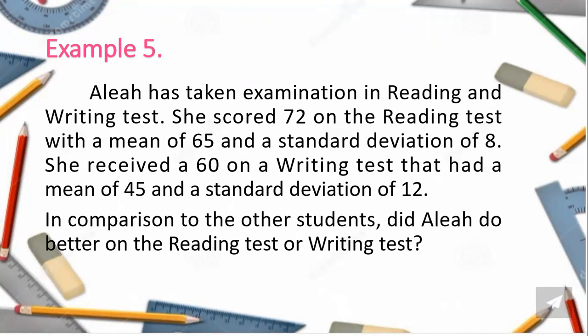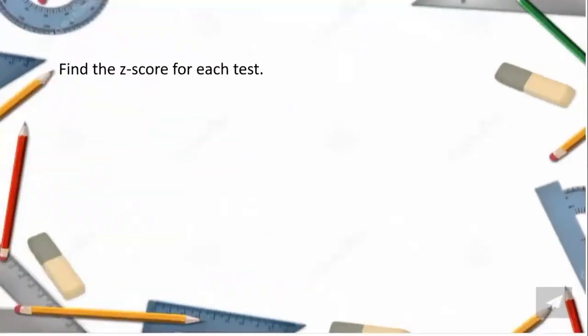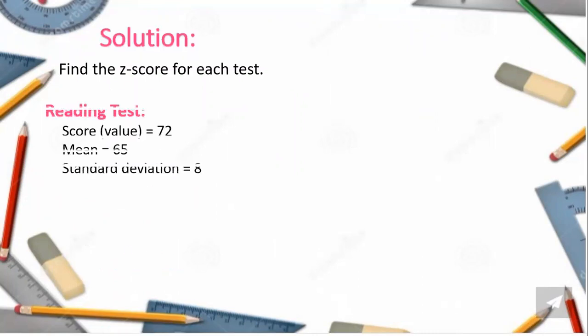To answer this given problem, we are going to compute the z-score for each test. Note that for the reading test, these are the given values. Aliyah got a score of 72. The mean score is 65 and the standard deviation is 8.